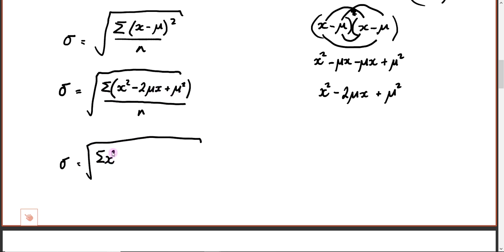So the sum of x squared, plus sigma of minus 2 mu x, plus sigma mu squared. So I'm just filling in the boxes, and all of them over n. So I've just distributed, like expanding the brackets, the distributive property. You can do that with your sigma as well.